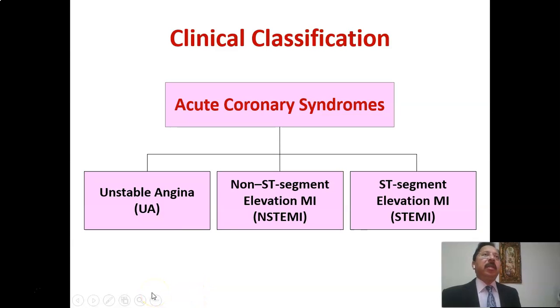Clinically, these ST changes are called acute coronary syndrome, and we may divide them into 3 categories: unstable angina, non-ST segment elevation myocardial infarction or NSTEMI, and ST segment elevation myocardial infarction, also known as STEMI.